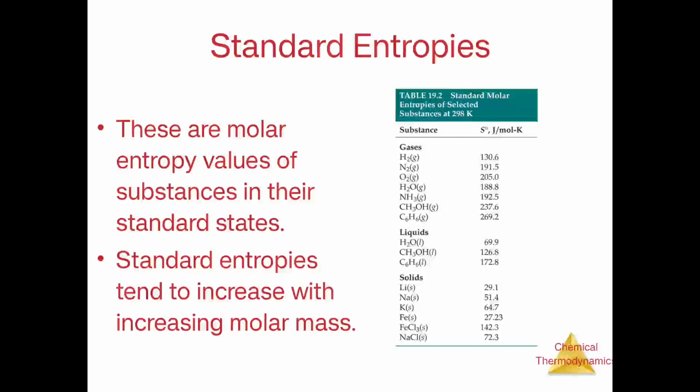The standard entropy, if you see the trend, the standard entropies tend to increase with increasing molar mass. Whenever the molecular weight increases, the number of molecules will increase. So, as we have seen already, an increase in the number of molecules or number of moles will increase the entropy. Already we have seen this in the molecular understanding of entropy. That is how it has been shown here. Got it?